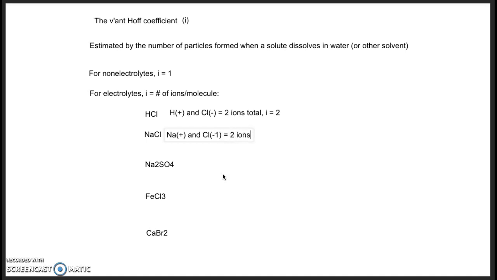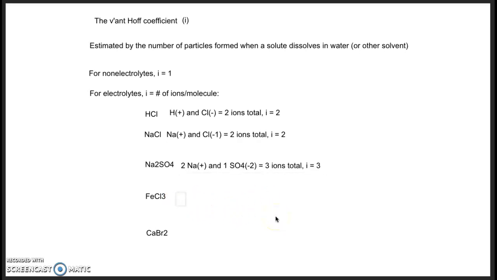That's 2 ions in total. My I in this case would be 2 also. For sodium sulfate, I would get 2 sodium ions and 1 sulfate ion. That's 3 ions in total. I would be equal to 3.